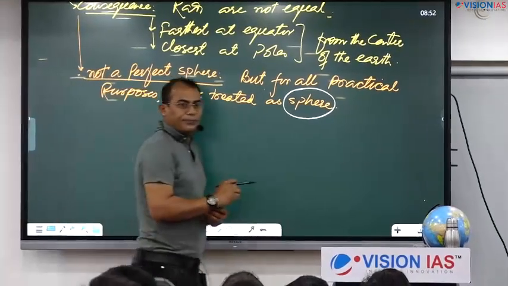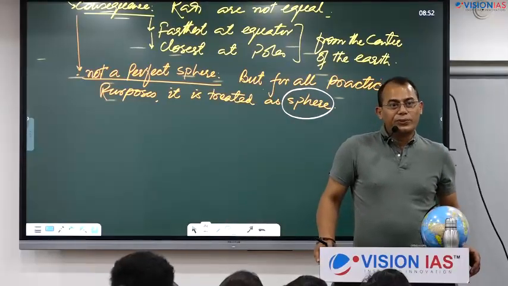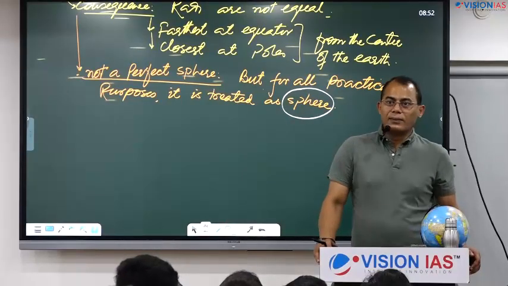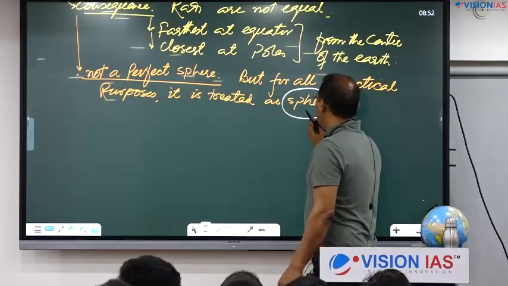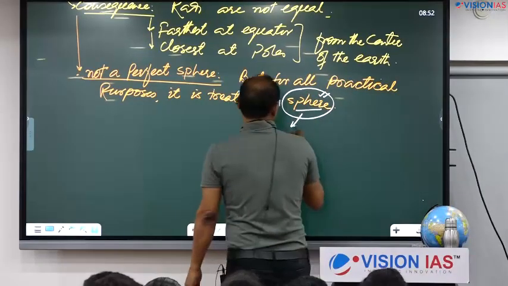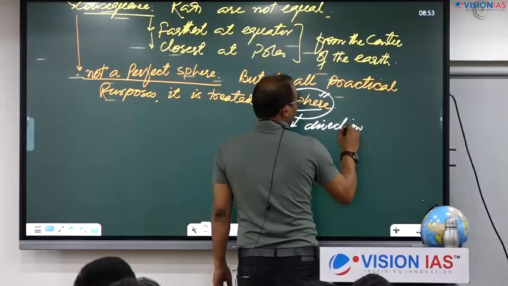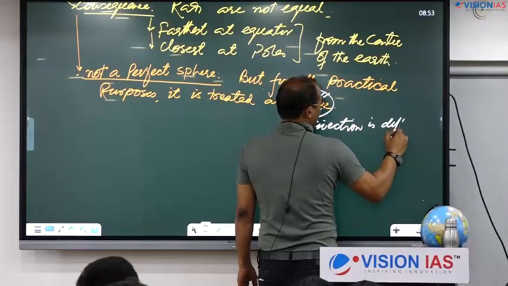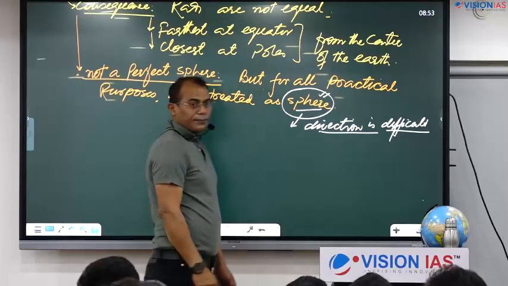Why? Because of the lack of direction. That's the problem of a sphere. On a spherical body, it is difficult to have direction. To understand direction on a spherical body is extremely difficult.